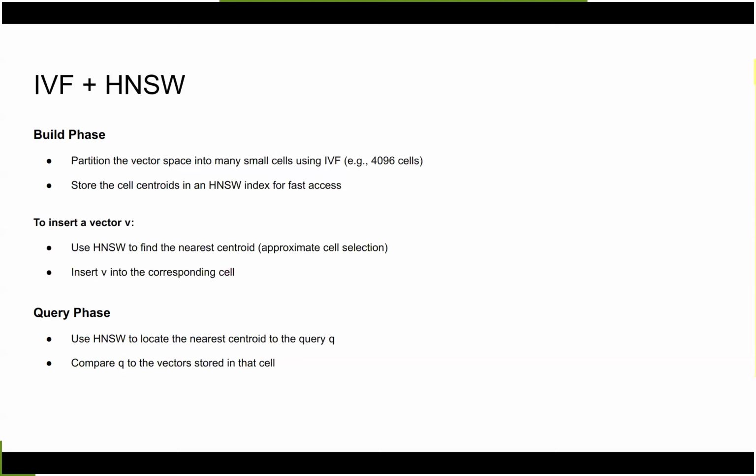You find the cluster by using HNSW, but at the end you traverse each cluster. Each cluster represents a bunch of vectors, and people use it in the industry a lot.